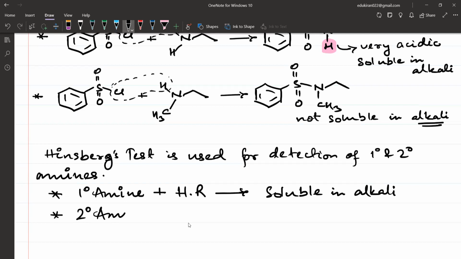Two degree amine plus Hinsberg reagent, not soluble in alkali.